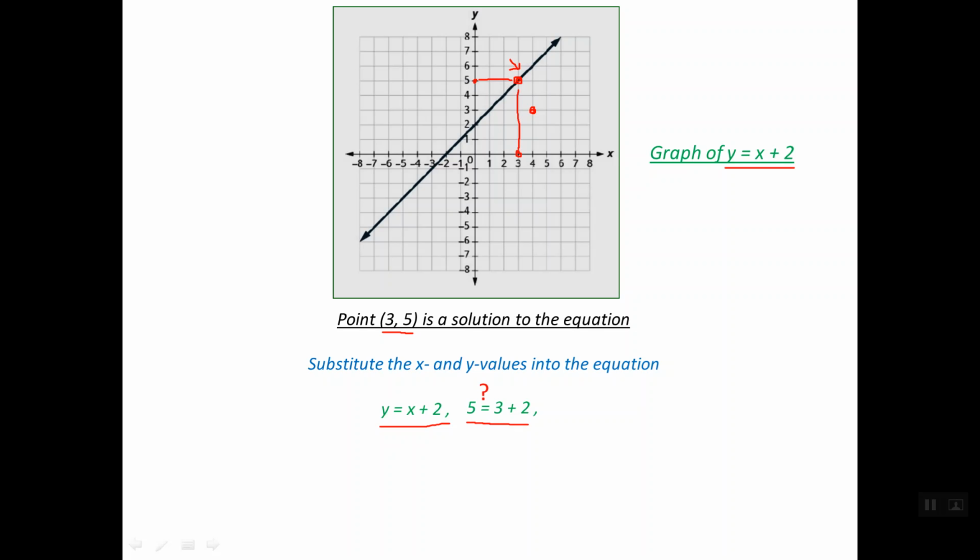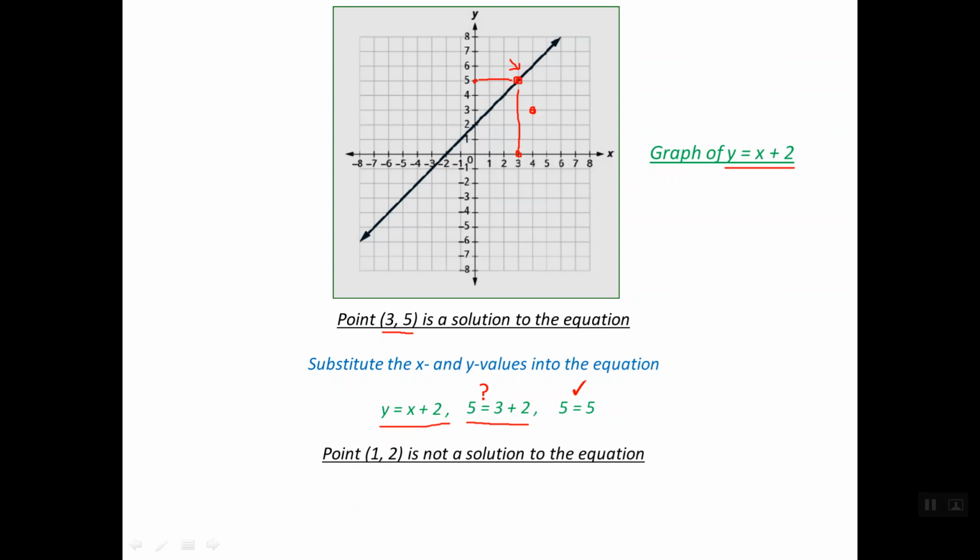We need to check whether this equation holds. We see that the right side and left side both give 5, so the equation is true. So we say that the point 3 and 5 is a solution, and again it lies on the straight line.